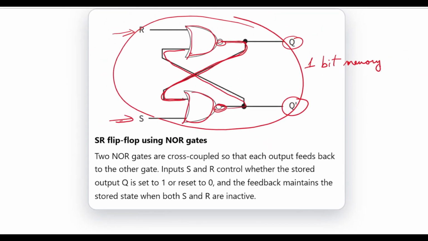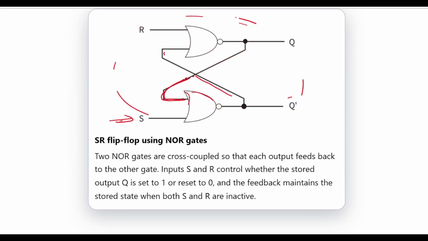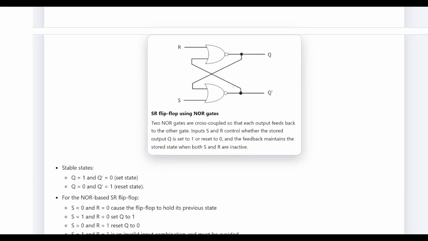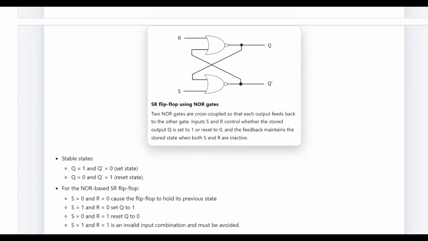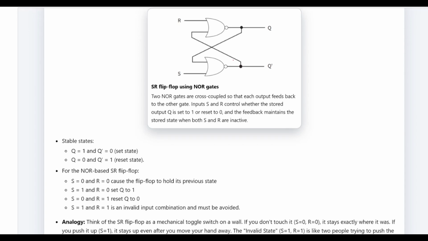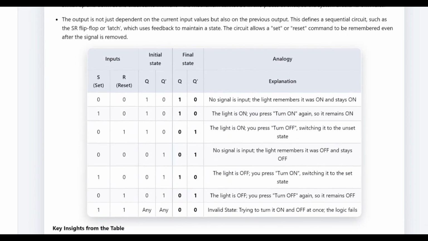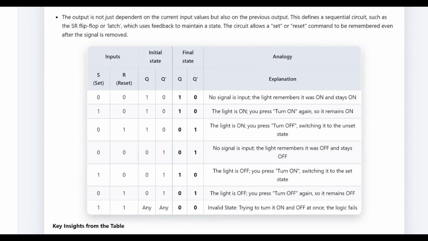Let me explain this. This needs some explanation of how it works, how it behaves. Let me start from the truth table.